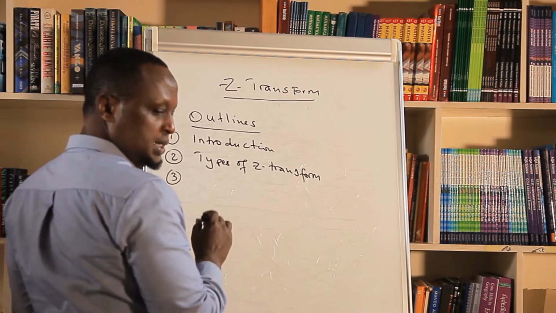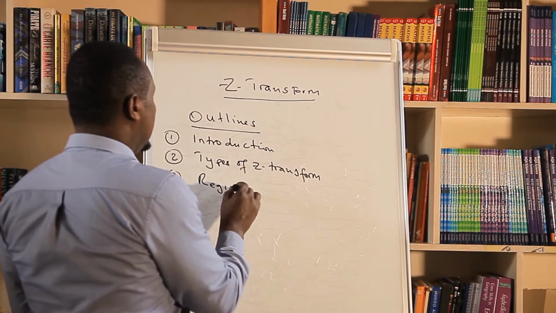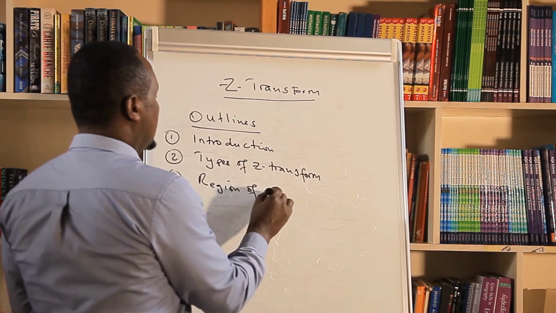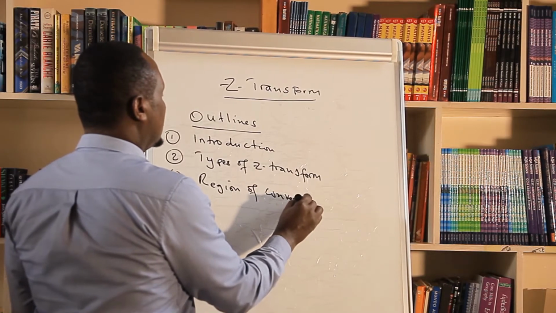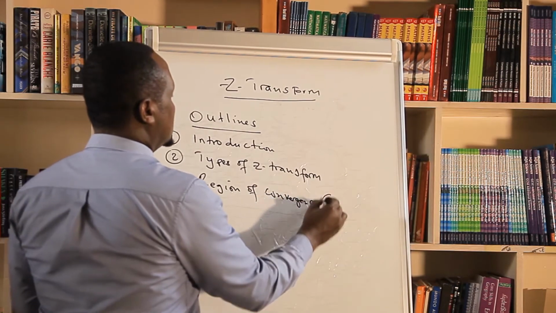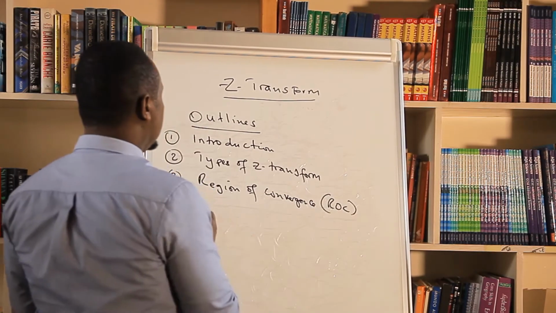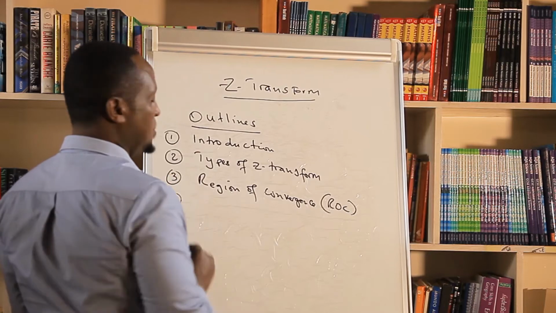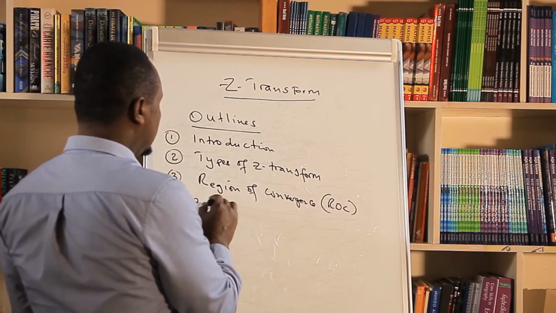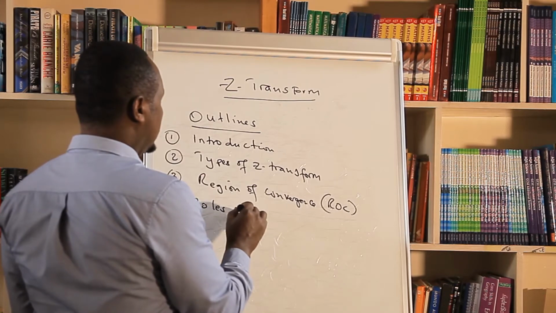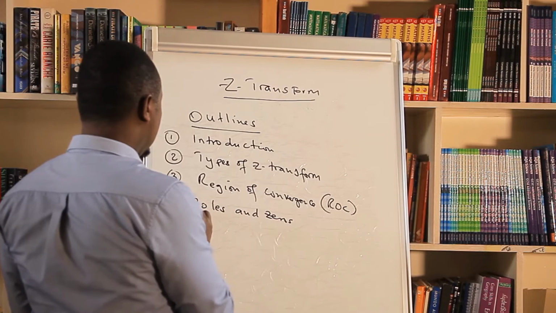we will discuss region of convergence, also abbreviated as ROC. We also discuss poles and zeros.